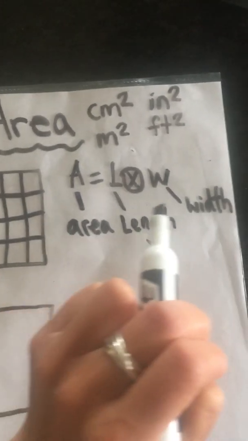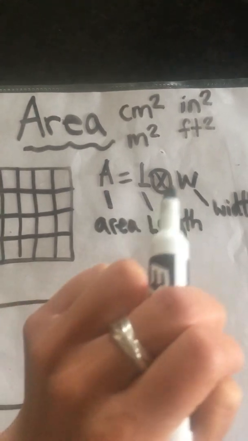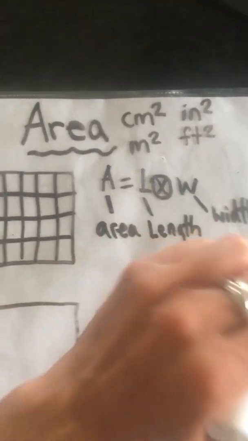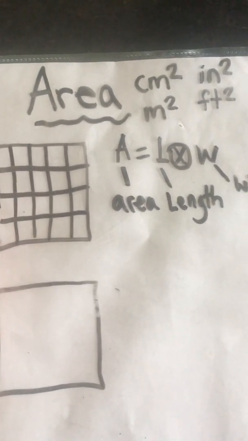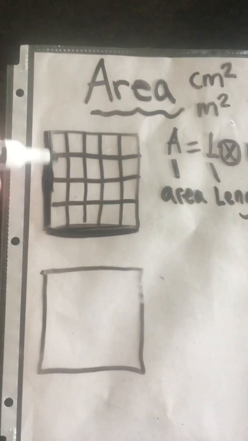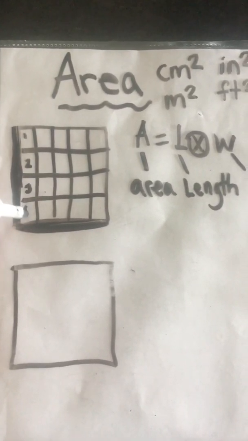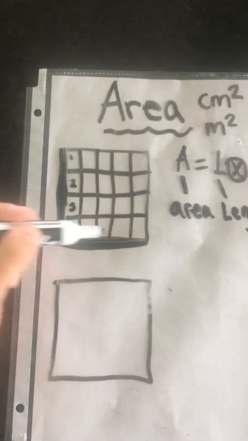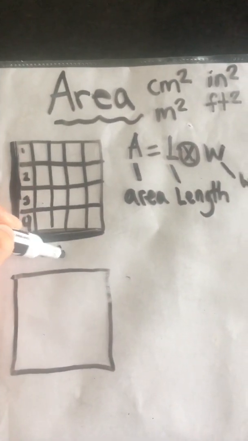And we're going to take our formula now to get an answer. So area equals length times width. We're going to count how many squares are down here. 1, 2, 3, 4. And then we're going to count how many squares across. 1, 2, 3, 4, 5.